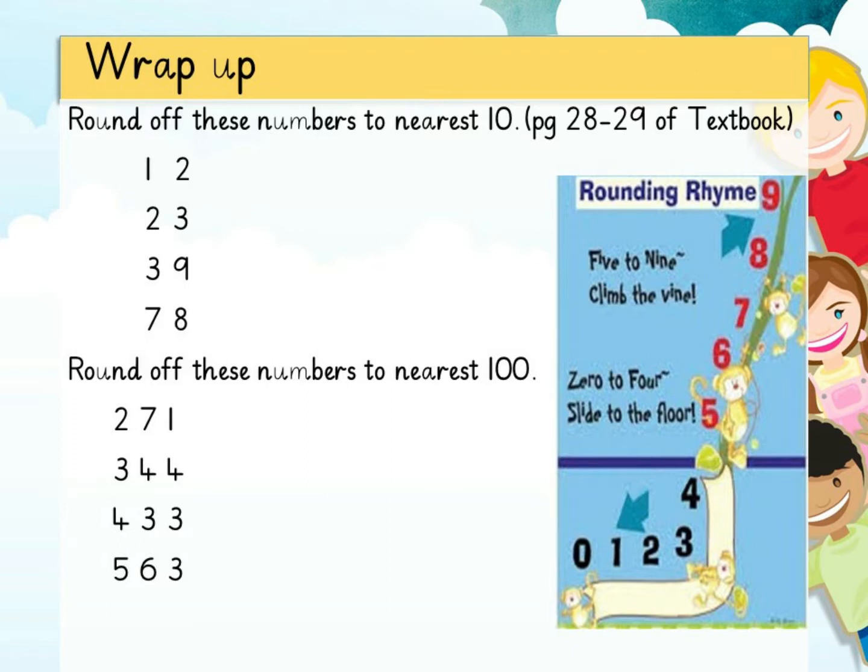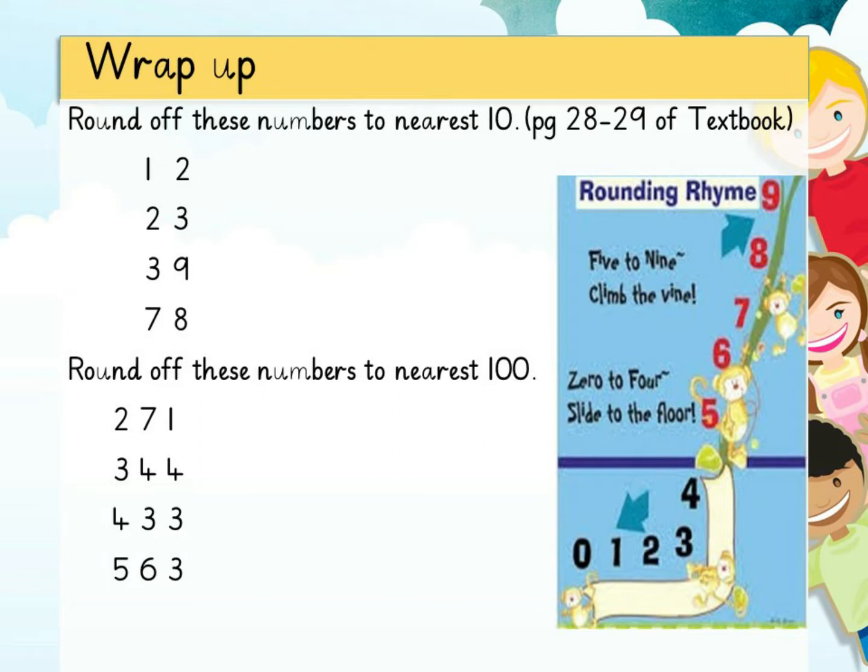So let's discuss the answers. 12 is rounded down as 10. Correct. 23 as 20. 39 rounded up as 40. 78 rounded up as 80.